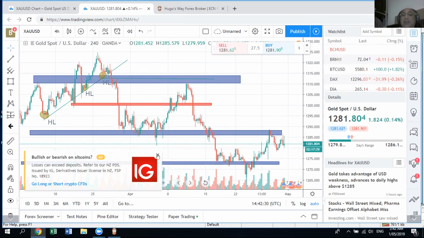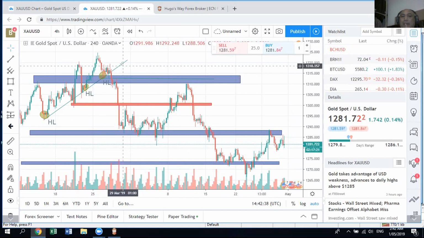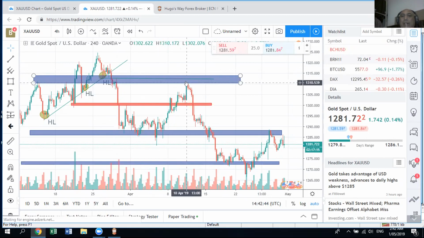Yeah, so that retest could take some time before you actually see a retest. Correct, which it did take. This happened around March 29th, the breakout, the 28th, and the retest did not happen until April 10th.